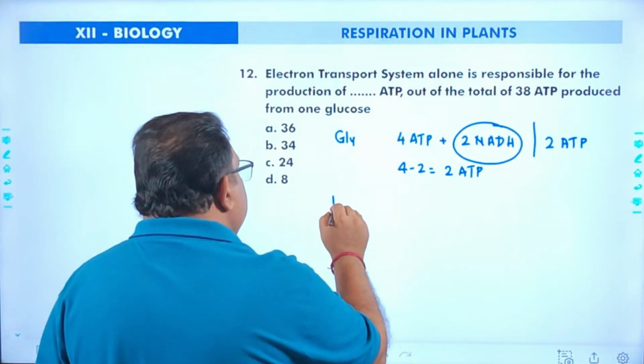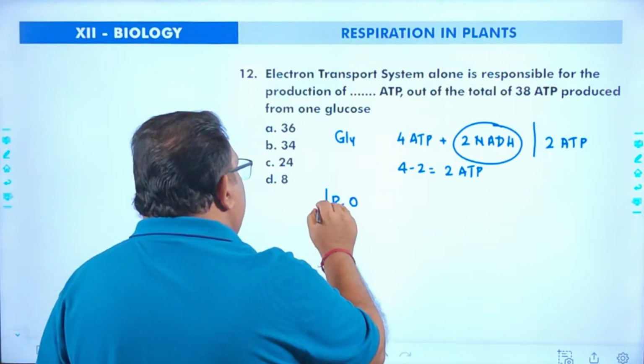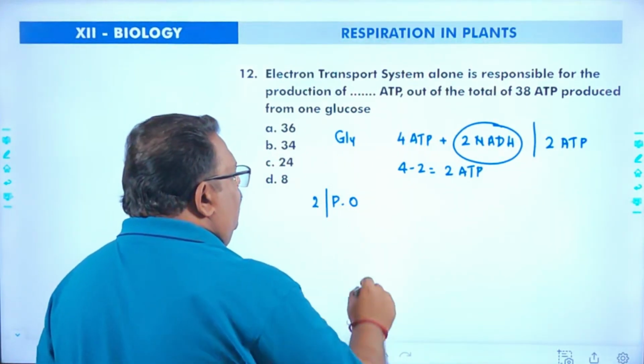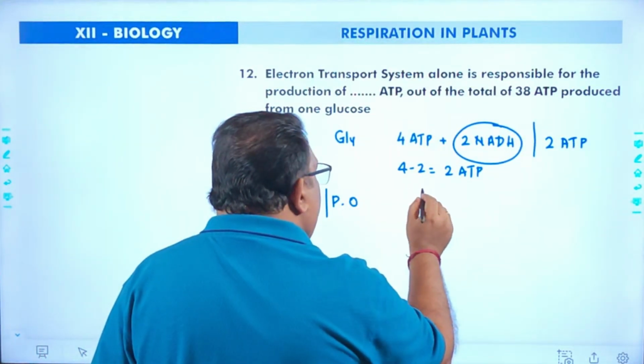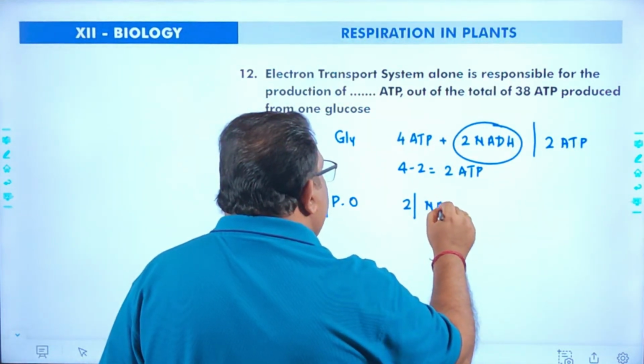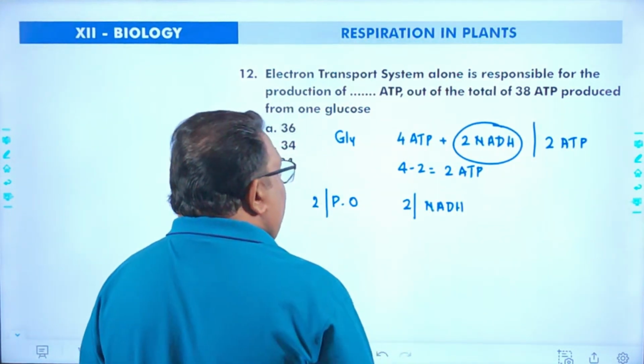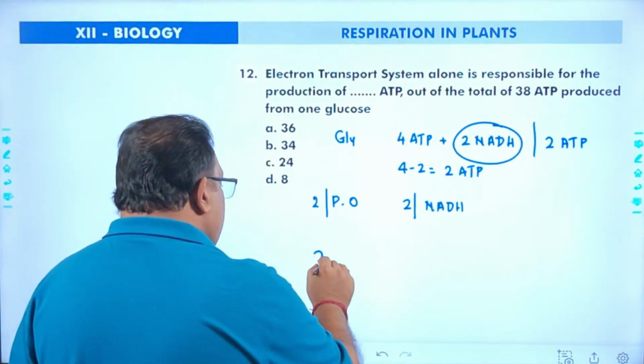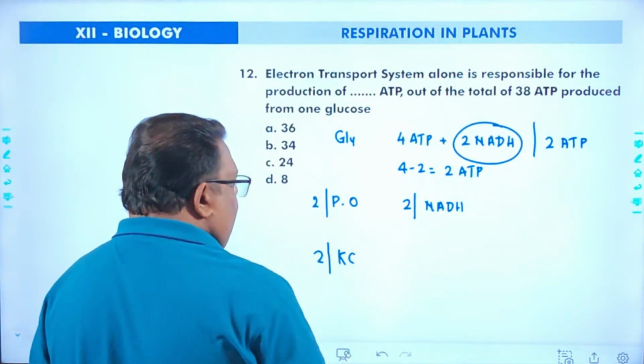Then the next reaction is pyruvate oxidation. In one pyruvate oxidation, 1 NADH2. So 2 into 1 NADH2. Then 2 Krebs cycles will be there.